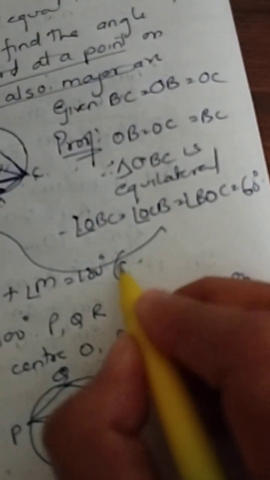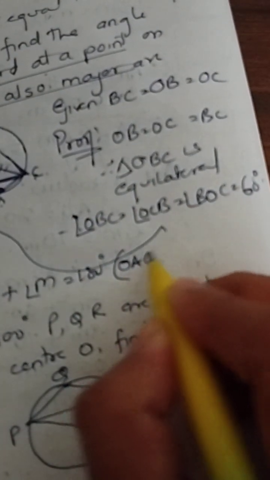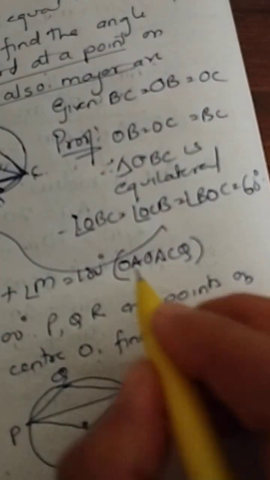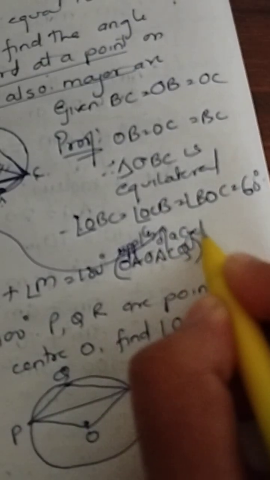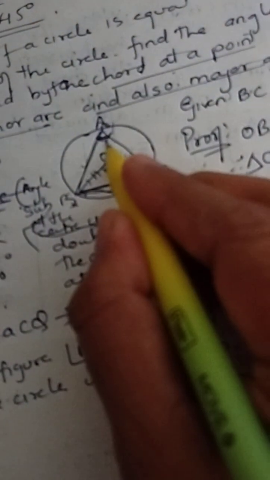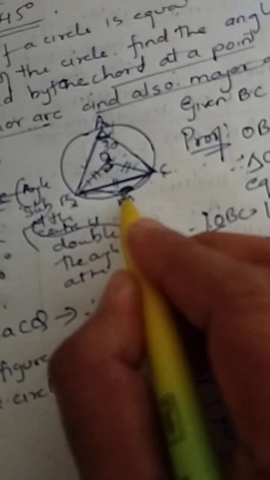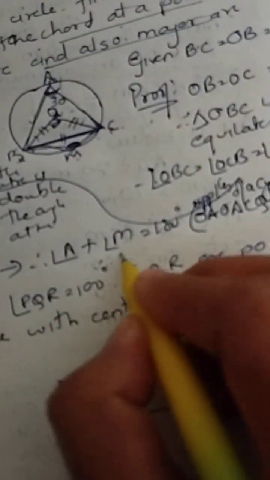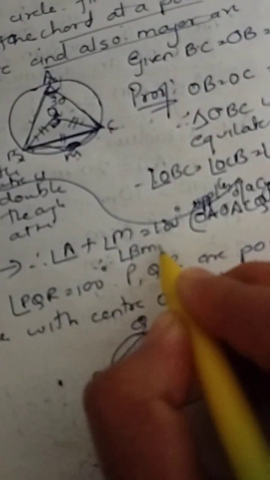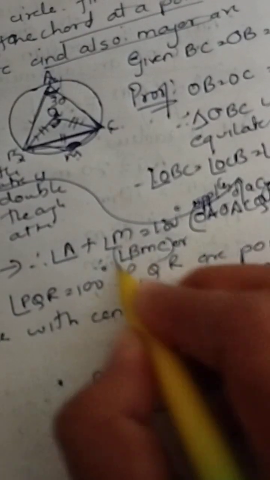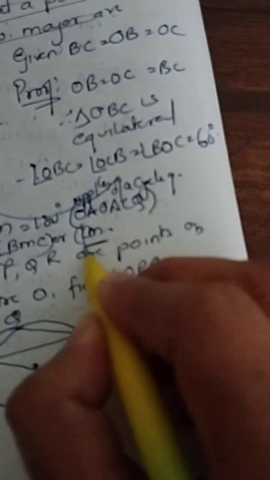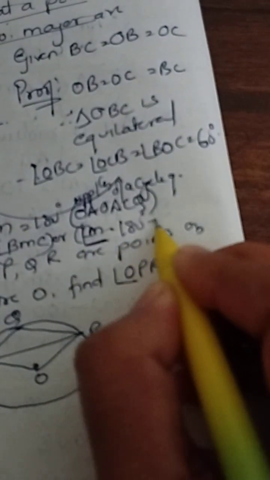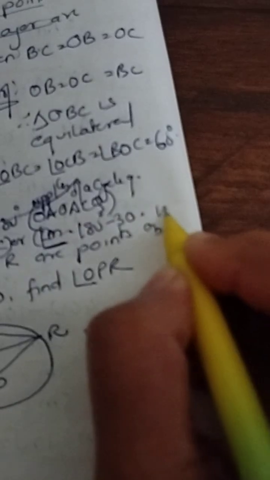Because they are opposite angles of a cyclic quadrilateral. So this is 30. Therefore, angle BMC, or M, is equal to 180 minus 30, which is equal to 150 degrees.